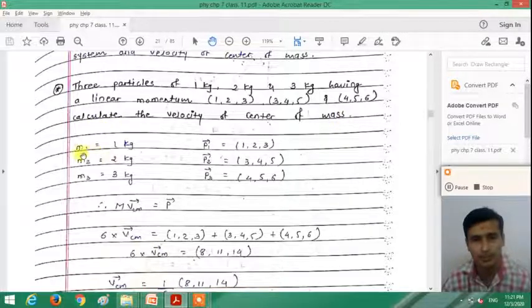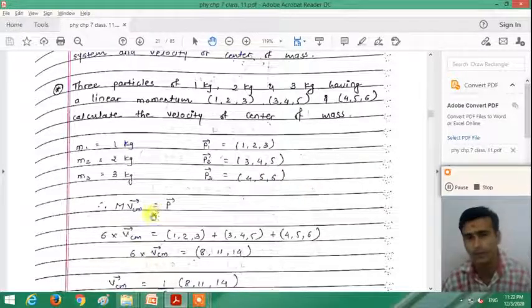The masses are given: m1 is 1 kg, m2 is 2 kg and m3 is 3 kg. The linear momenta are p1 (1, 2, 3), p2 (3, 4, 5) and p3 (4, 5, 6) kg meter per second, right? Now how can we calculate the velocity of the center of mass and its magnitude, the speed of the center of mass?